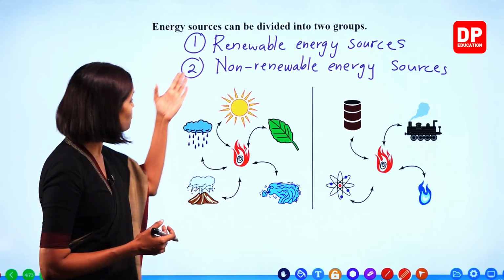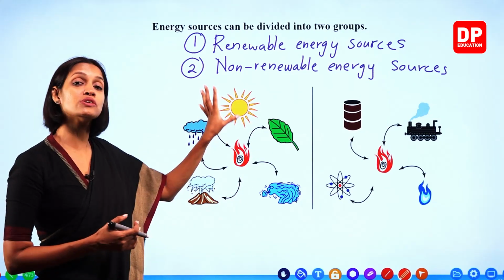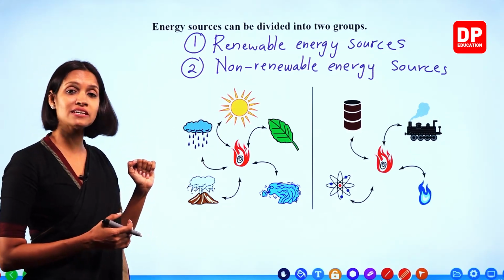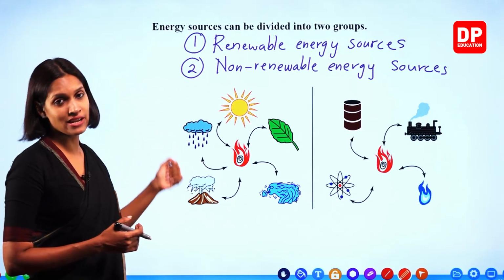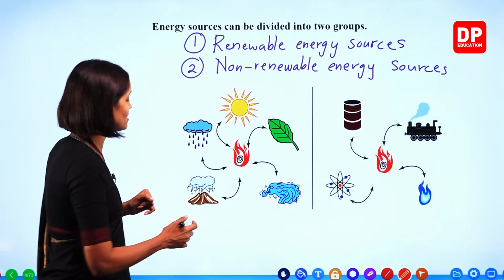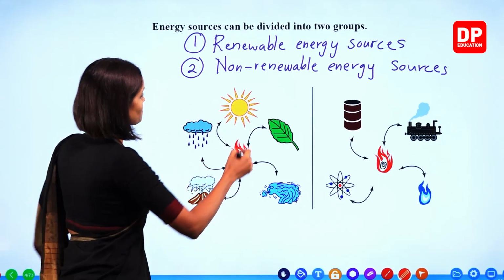So this energy is also always there in the environment. So what type of energy source, which group is this out of these first and second? This is the renewable energy sources. Right? We will first name them.